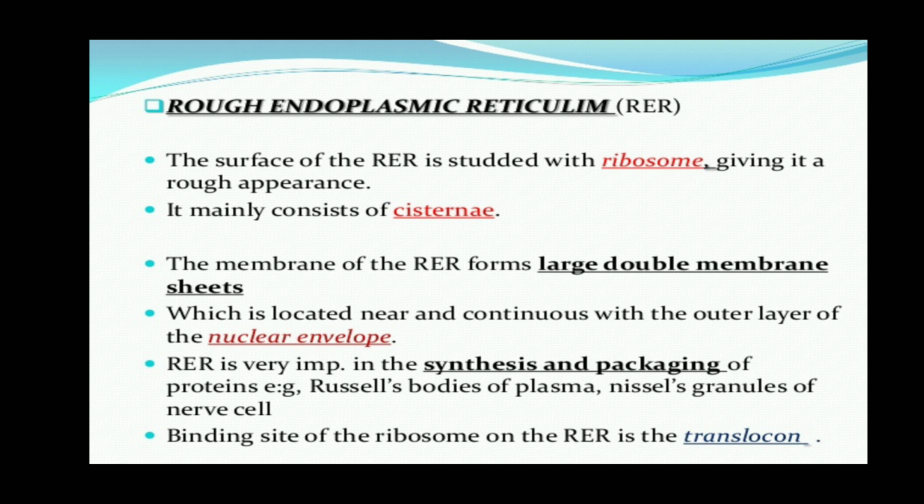This rough endoplasmic reticulum is very important in the synthesis and packaging of proteins. For example, Russell bodies of plasma cells, Nissl granules of nerve cells. All these are formed from the RER. The binding site of these ribosomes on the RER is the translocons.